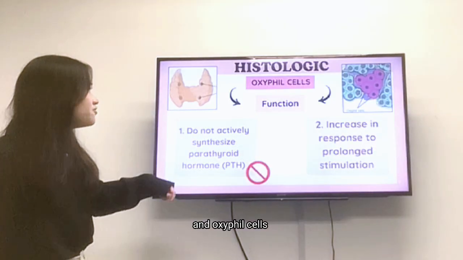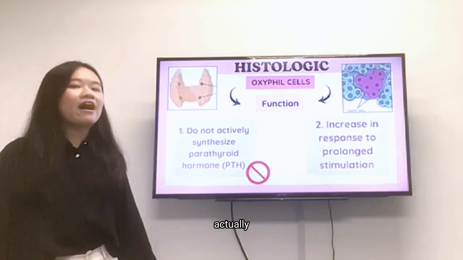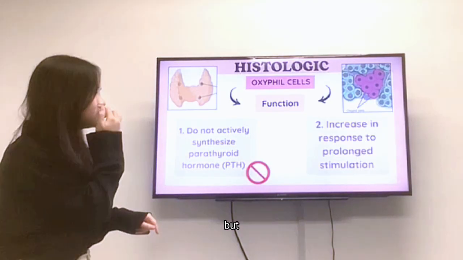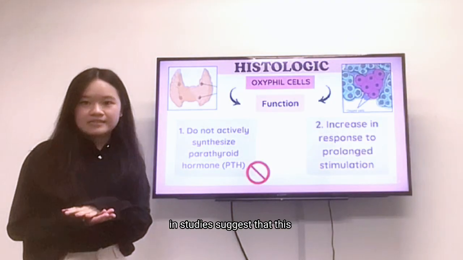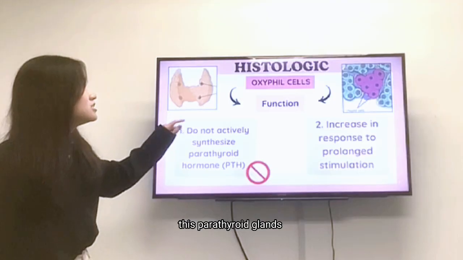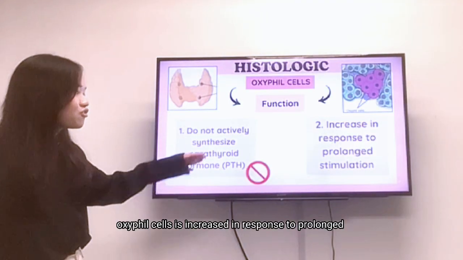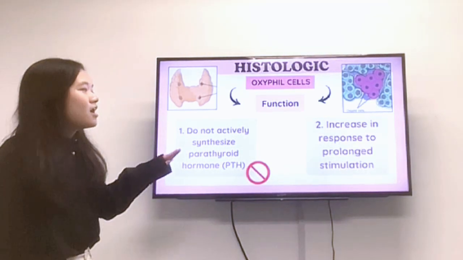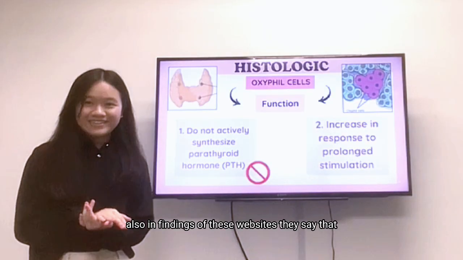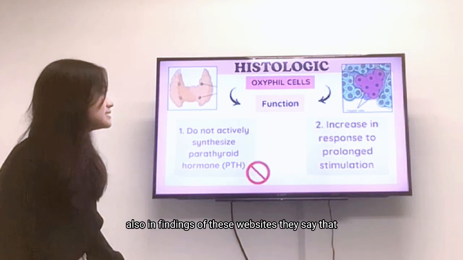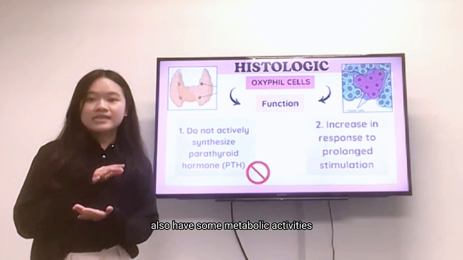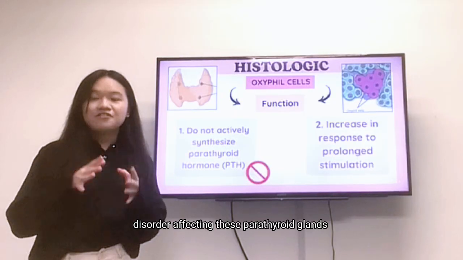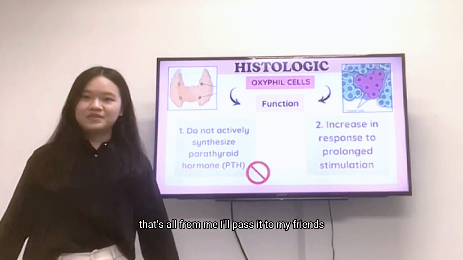The function of oxyphil cells is actually unclear on the websites, but studies suggest that oxyphil cells in the parathyroid glands increase in response to certain stimulations, and findings on these websites also say that they have some metabolic activities and could play a role in certain disorders affecting the parathyroid glands. That's all from me. I'll pass it to my friends.